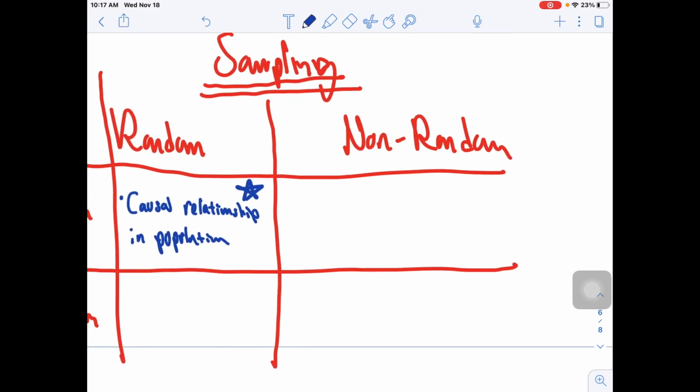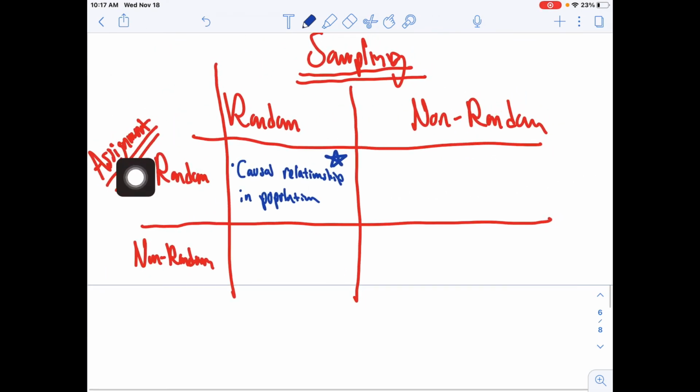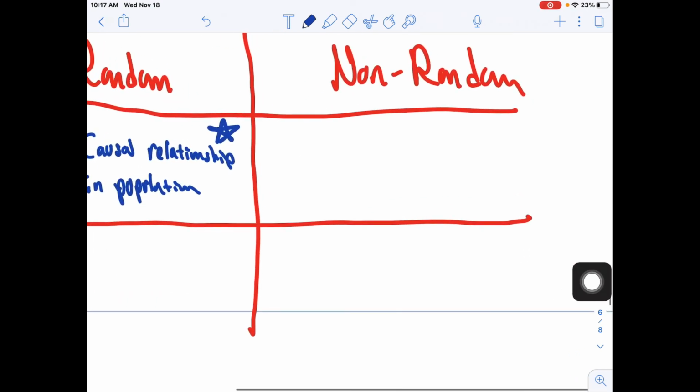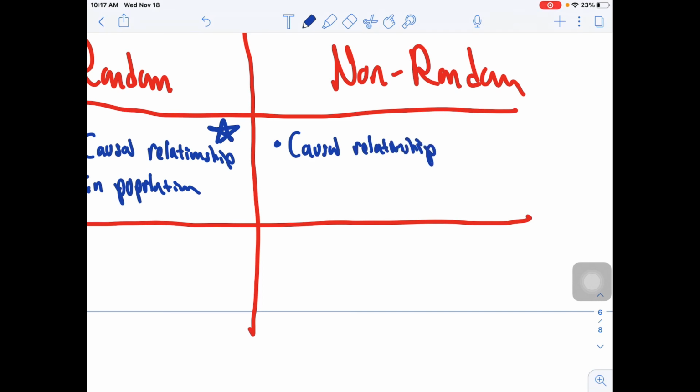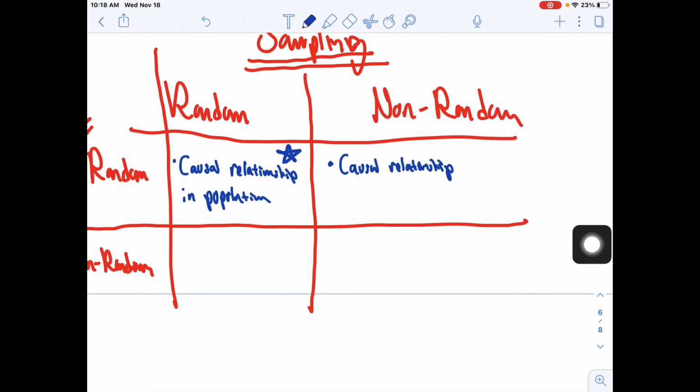Okay, now let's say we did not take a random sample. Maybe we had to conduct our experiment with volunteers. So maybe we had 40 volunteers, but we still assigned those 40 volunteers randomly, right? So what we can do with this is we can still establish a causal relationship, but not to the entire population because we didn't take a random sample.